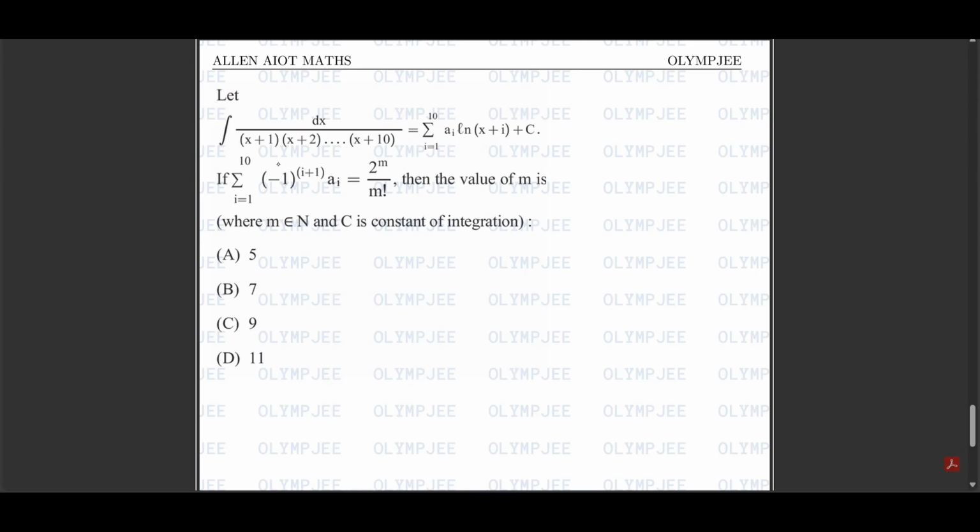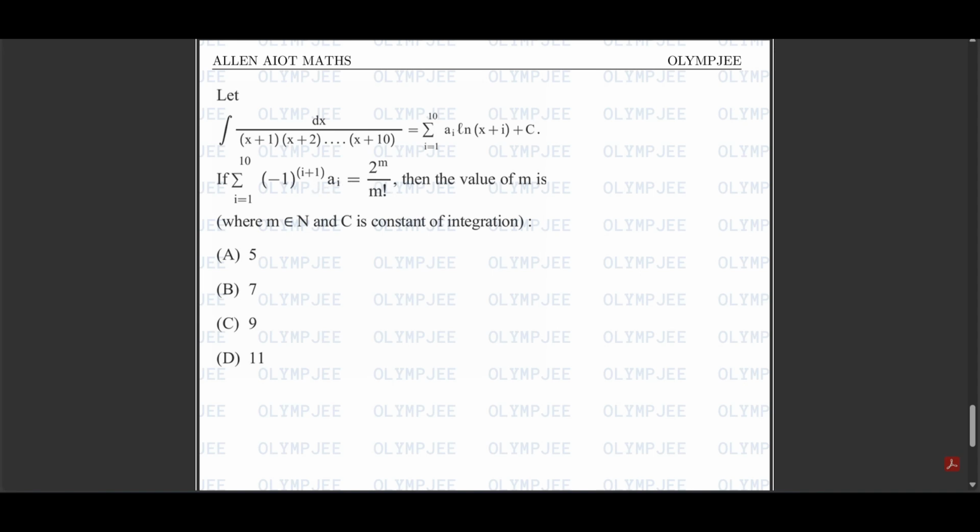So if the summation from i equal to 1 to 10 of ai multiplied by minus 1 raised to power i plus 1, so this ai we are summing from 1 to 10, and we are also multiplying it with minus 1 raised to power i plus 1. So this is equal to 2 raised to power m by m factorial. So we need to find the value of m.